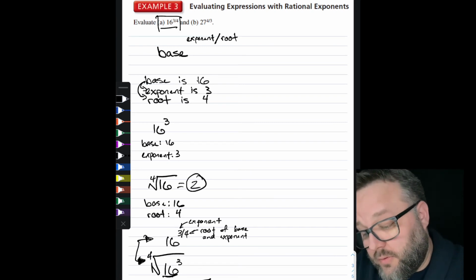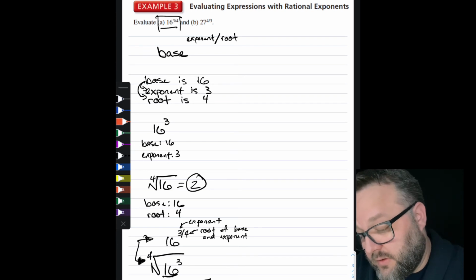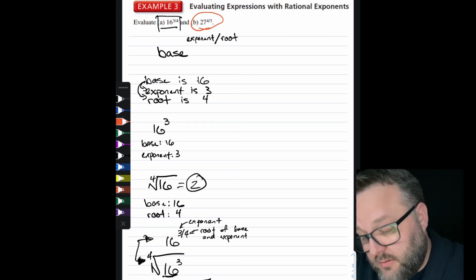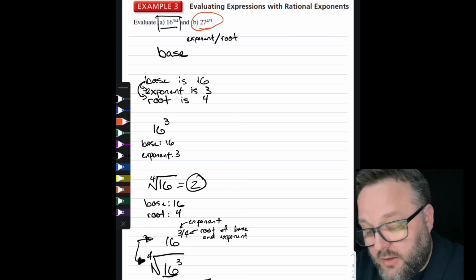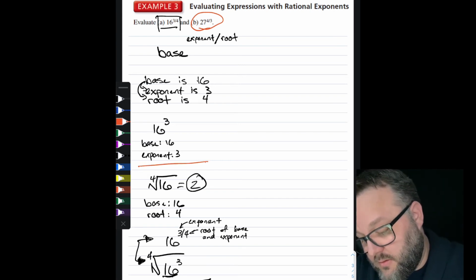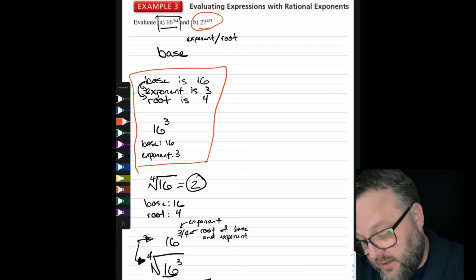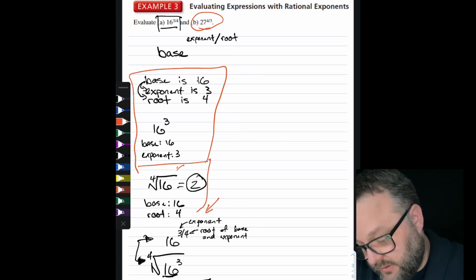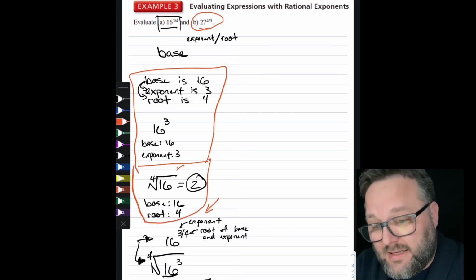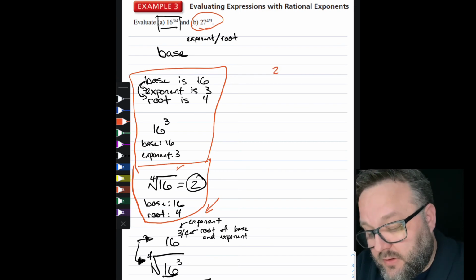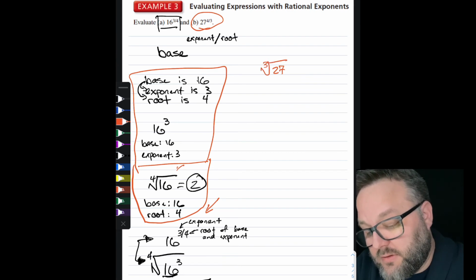Now, if we look at the other problem, 27 to the 4/3, I'm going to take the same idea. So we get the cube root of 27 to the 4th.